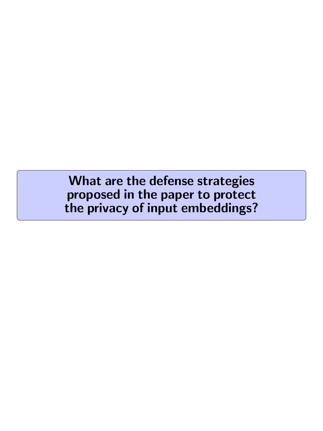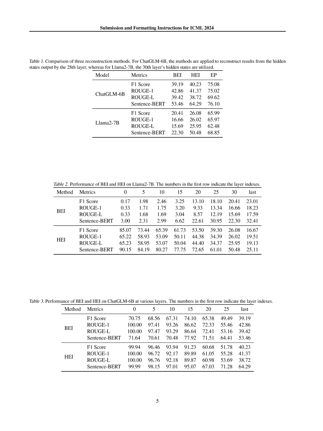What are the defense strategies proposed in the paper to protect the privacy of input embeddings? The defense strategy proposed in the paper involves utilizing an overlap matrix in conjunction with the discrete cosine transform, DCT, and its inverse, IDCT, to obfuscate sensitive features of the embeddings.